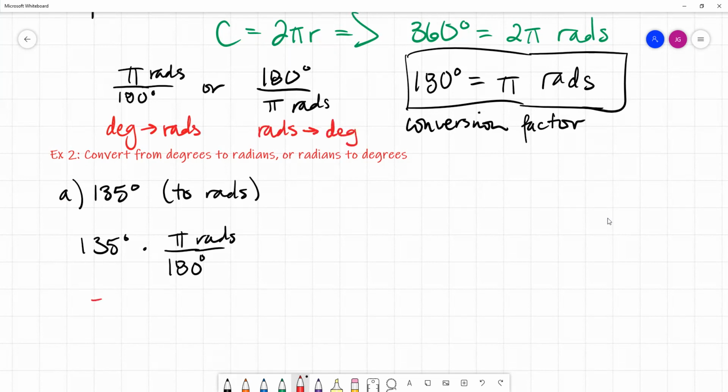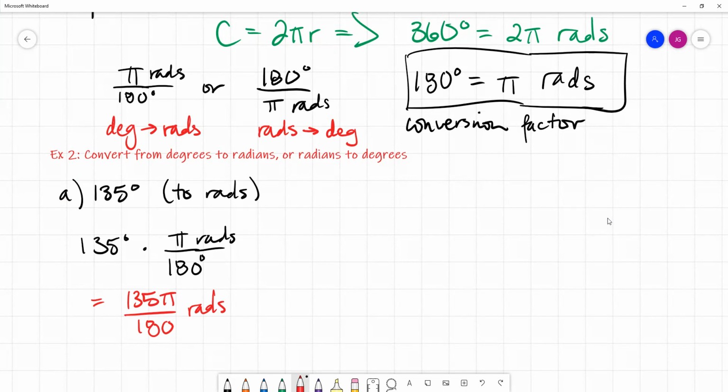Okay, so what is this going to be equal to? This is equal to 135 pi over 180 radians, rads. And so now let's go ahead and try simplifying that value. 135 over 180. Well, I know 5 goes into both of them.